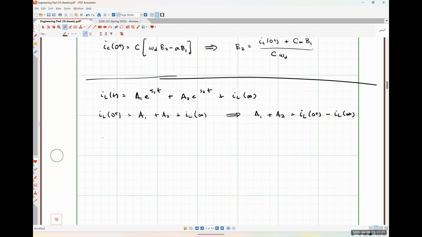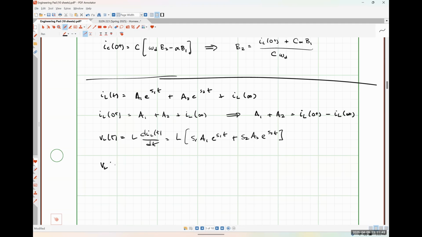Then for our derivative, which in this case would be our inductor voltage, that's L di by dt. So that's going to look like L times S1 A1 e to the S1 t plus S2 A2 e to the S2 t.